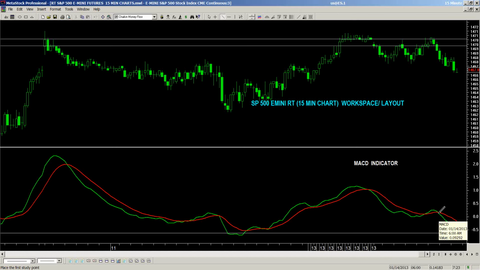In real time, the Inside Technician trade: MACD was signaling short, the visual change in trend on the 15-minute charts, right here, 6 a.m., again before the trade's taken.